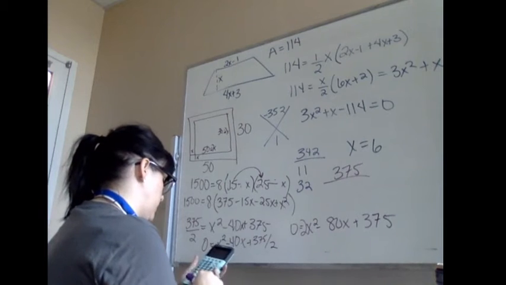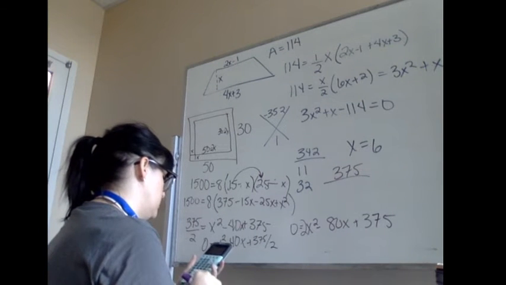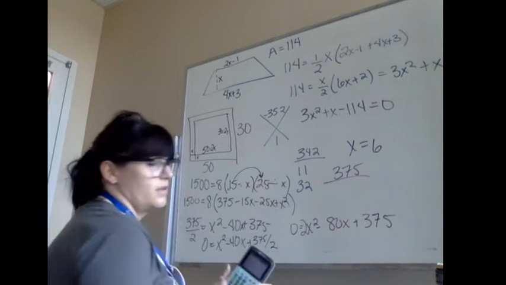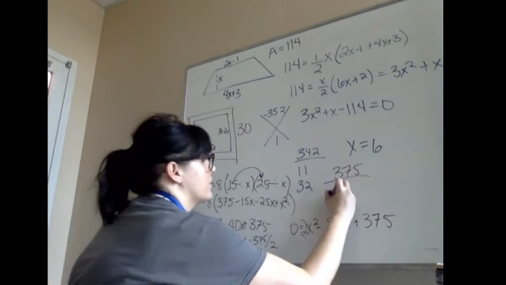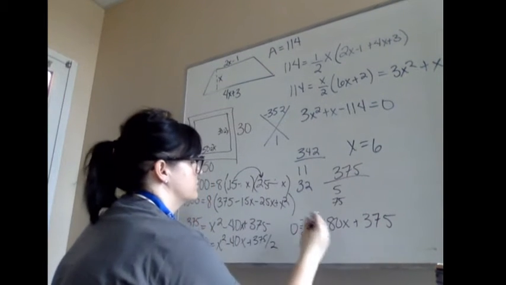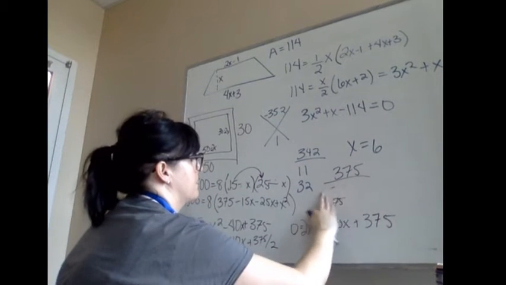So start with a small number. It's 375 divided by 25, 15. 375 divided by 5 and 75. So, oh, oops. I'm not factoring that.